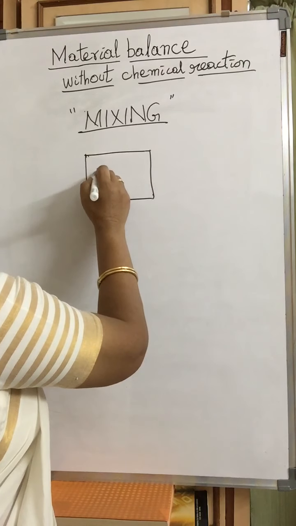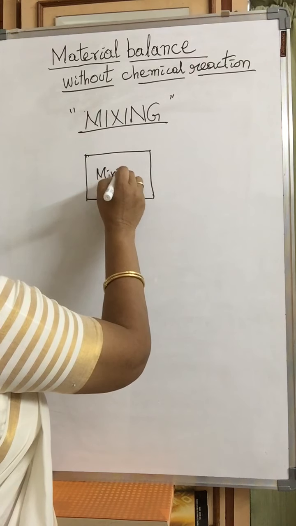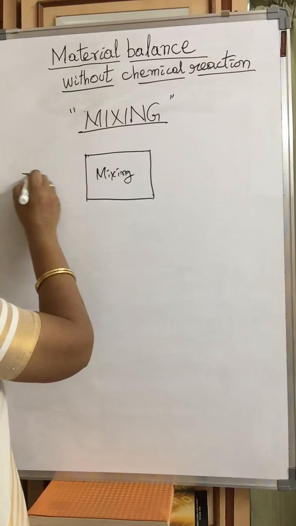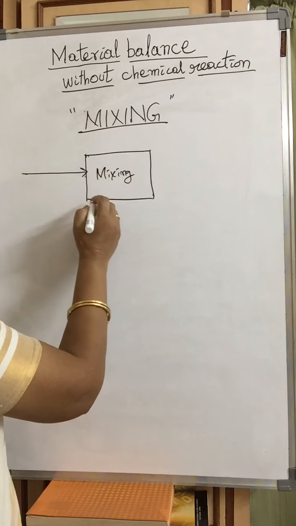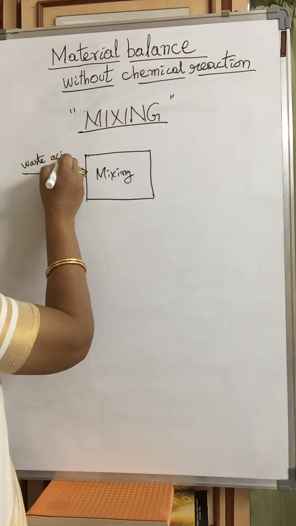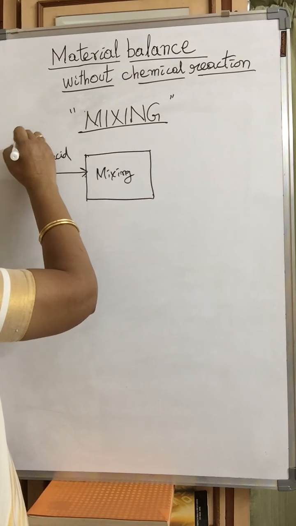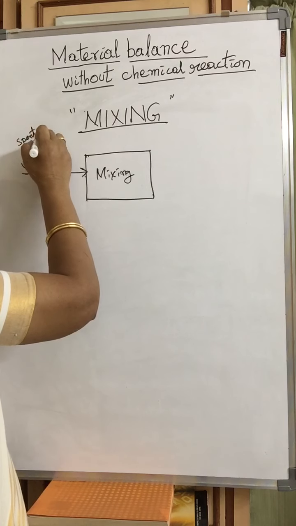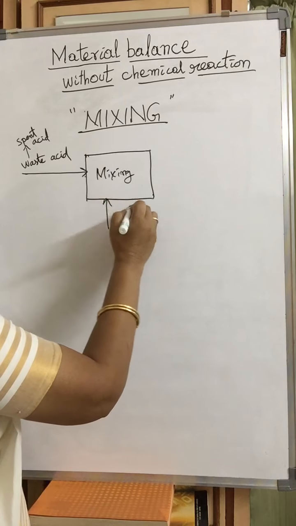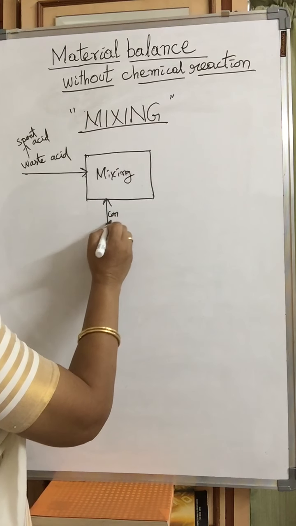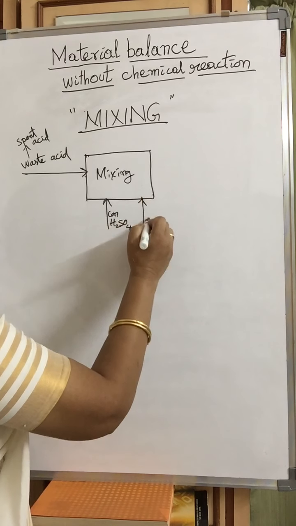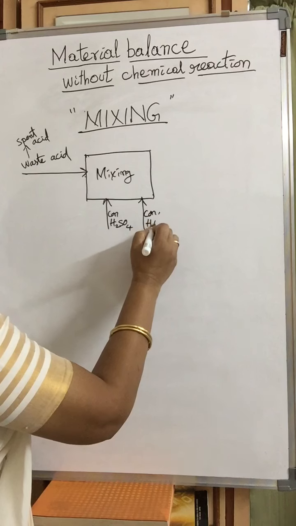Okay, this is mixing. Now, what are the inputs to this? Here, this is waste acid, also known as spent acid, and here concentrated H2SO4 and another acid, concentrated HNO3.